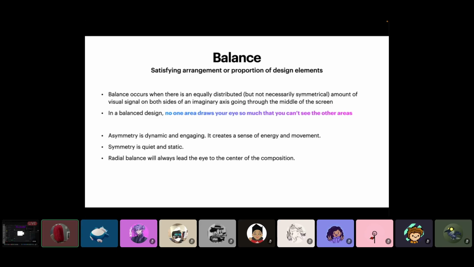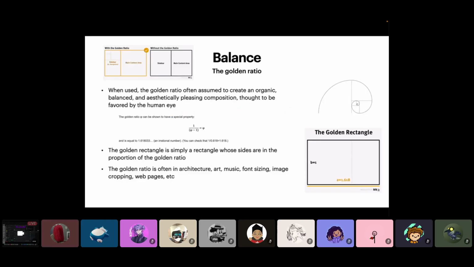If you make your line a little bit offset from the center, it will be asymmetric balance, and they say it makes the UI a little more dynamic and engaging. Symmetry would just be quiet and static. There's also radial balance, where you try to lead the eye to the center of the screen.